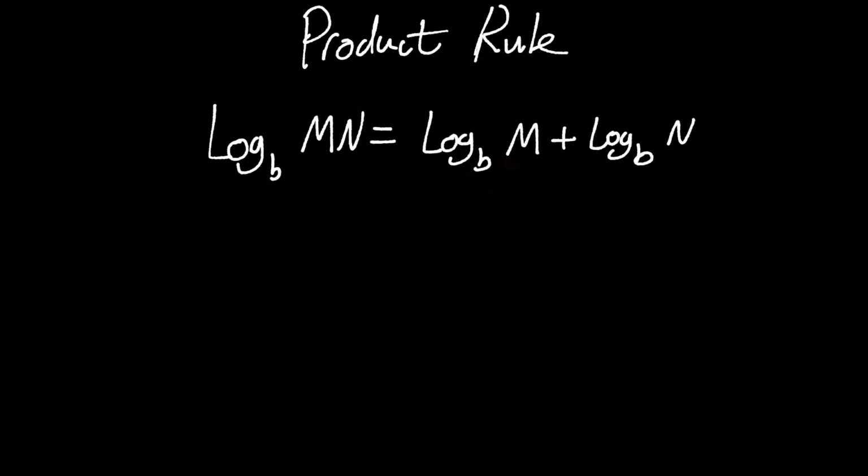The bases are the same, and if we are going backwards, well, we have to make sure that both pieces have the same base. That is key. So let's try an example of going from this form into this form and then vice versa.